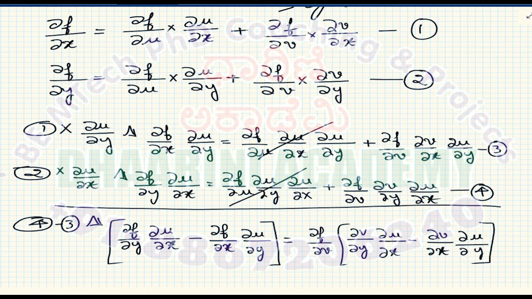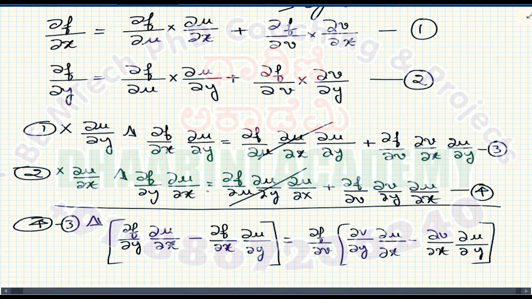So how did you get this? Let me repeat. This term minus this term is this over here. Similarly, I'm performing fourth one minus third one. I can see that ∂f/∂v is common for both of them. I'm writing it outside, and then the remaining terms come over here.